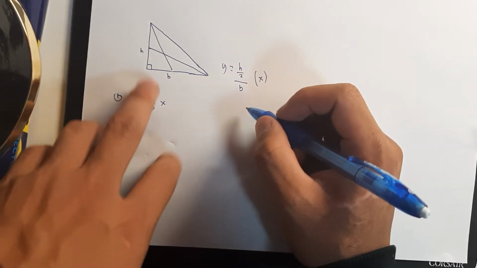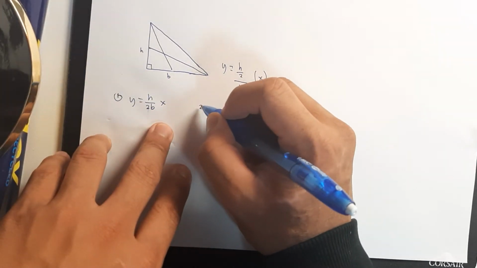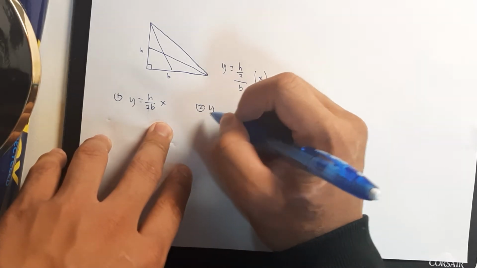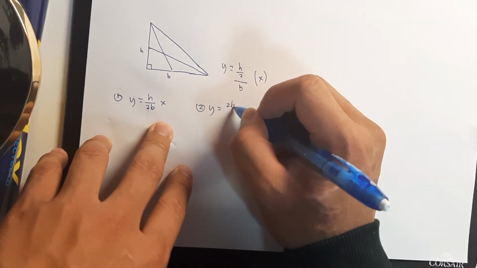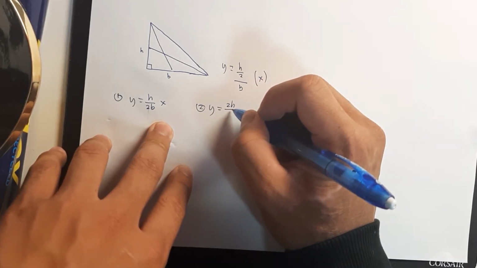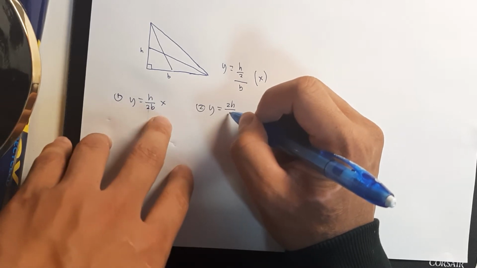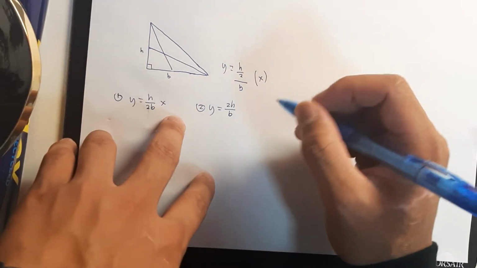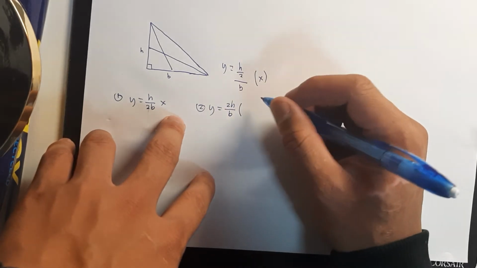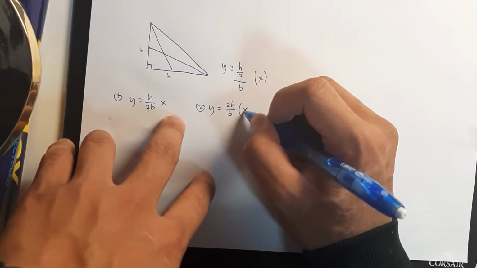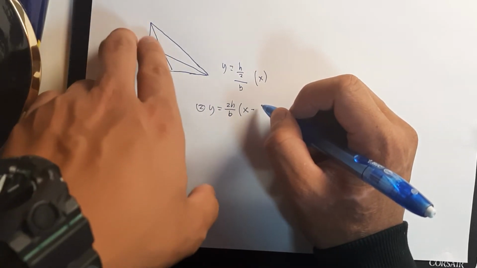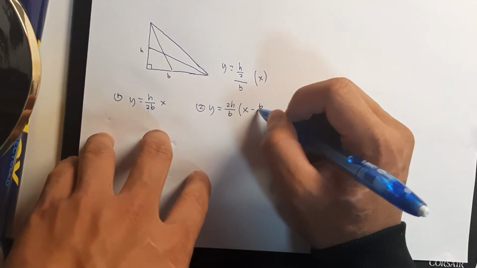Now the next line for b is y equals h over b, slope, and x minus b over 2.